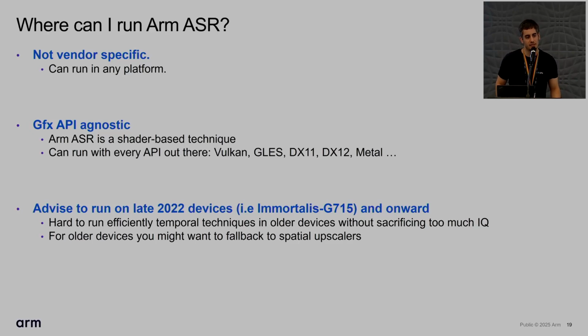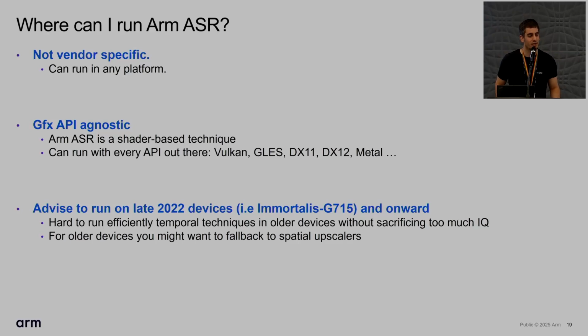Given the temporal nature of the upscaler, we generally recommend people to use late 2022 devices and onward. And that's because something like TAA just became usable in production around the 2020, 2021 generation. And temporal upscalers are more complicated.